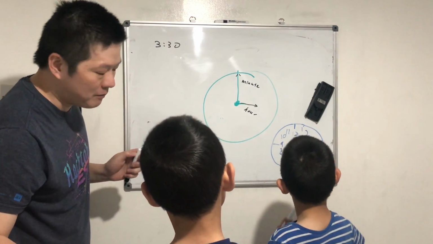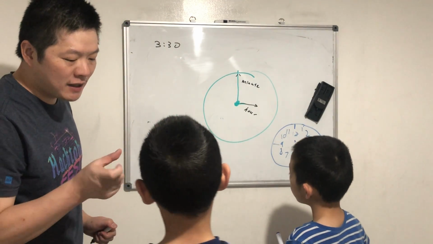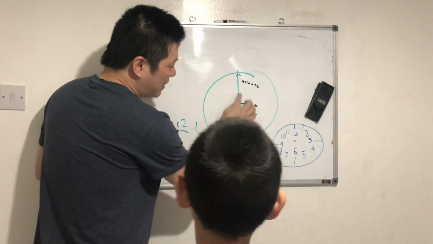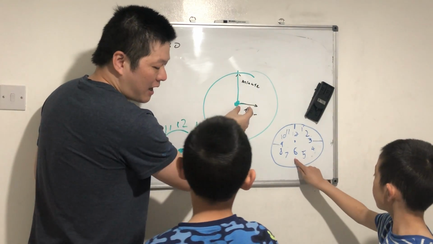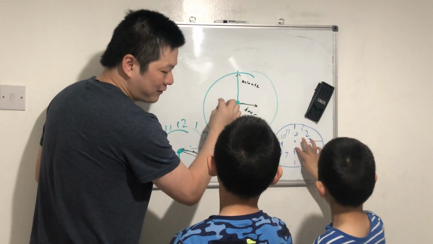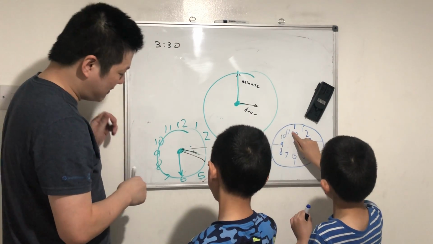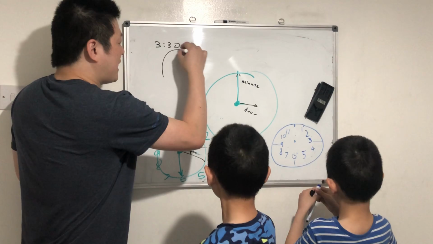For 1 hour, how many angles? For 60 minutes, I mean the angles of the hour. How many angles is 1 hour? What's this?